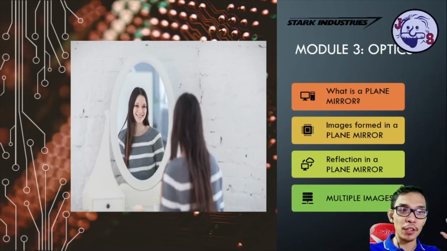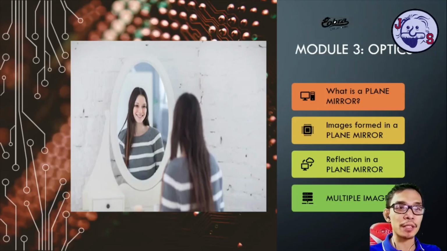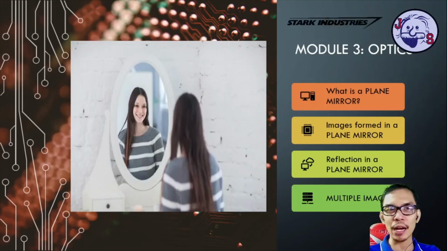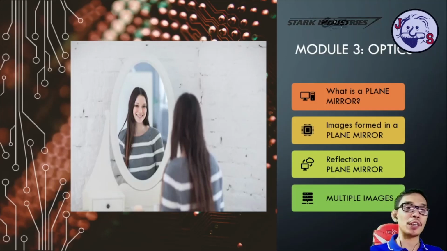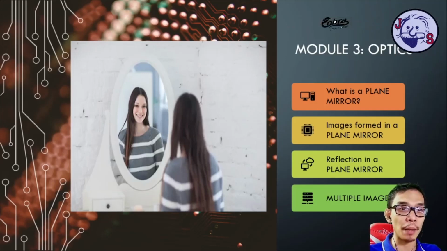The walls of the elevator, most of them contain a mirror inside, or some of the malls that you went through contain a lot of mirrors, or even in an entertainment park, multiple mirrors or a mirror room, something like that. Okay, so that is a plane mirror. The one that they are using there is a plane mirror, or simply called a flat mirror.